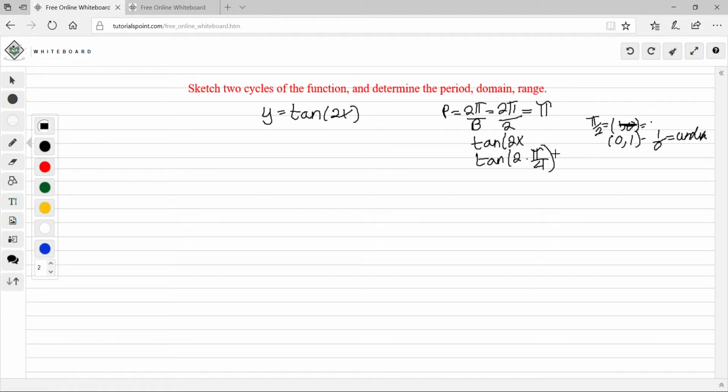And then our amplitude is just 1, the absolute value of 1. Now this doesn't tell us our max or min, but it's still helpful. I'll show you why when we graph it. What else do we need to know?